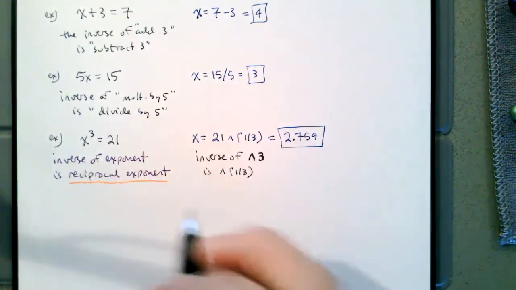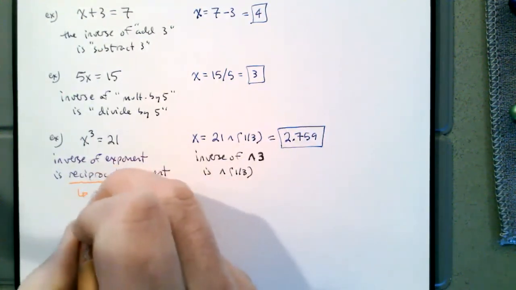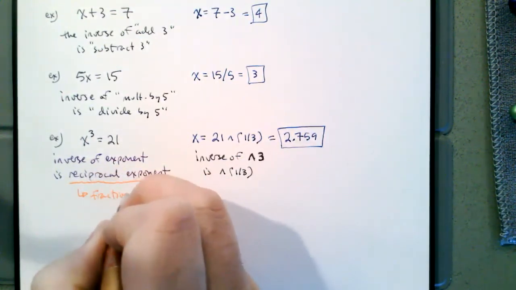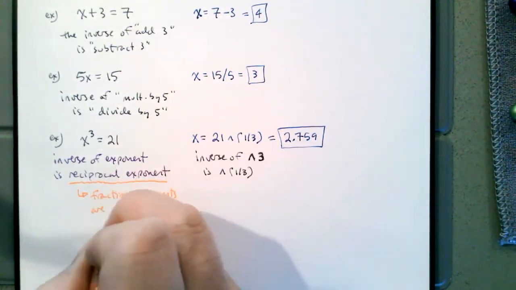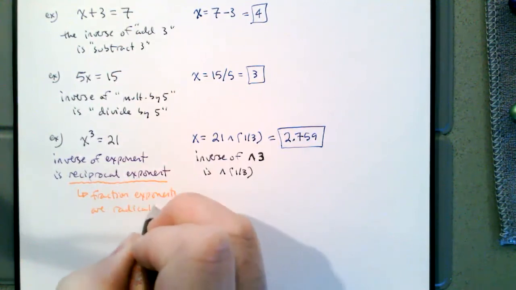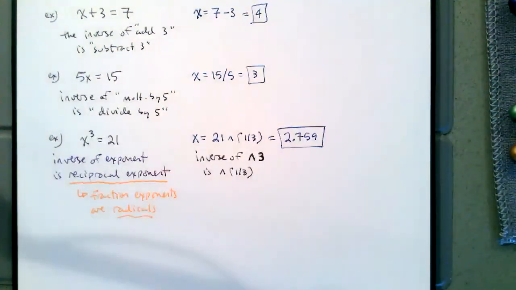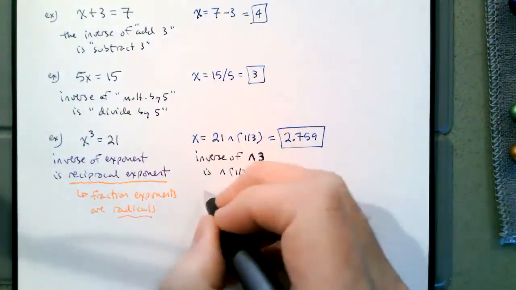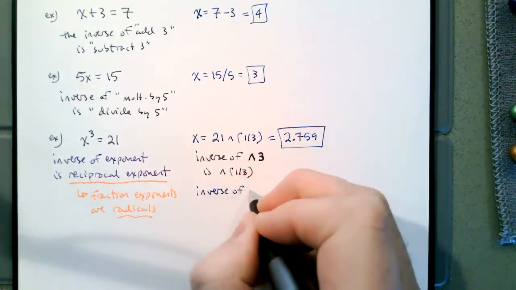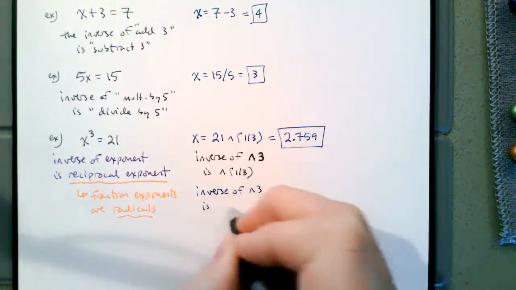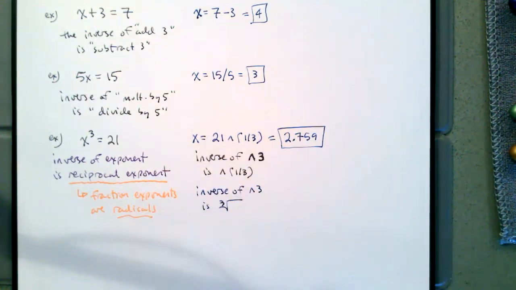If our reciprocal creates a fraction, fraction exponents are radicals. So the inverse of a third power is a cube root, because a cube root is the same as a 1/3 power.